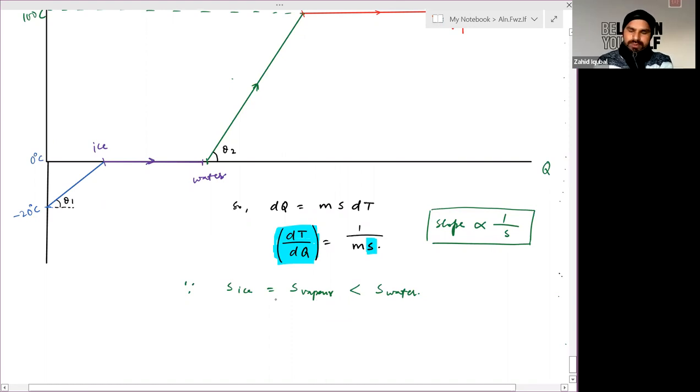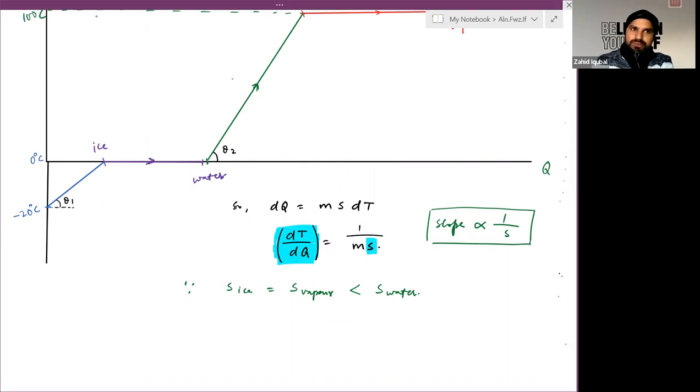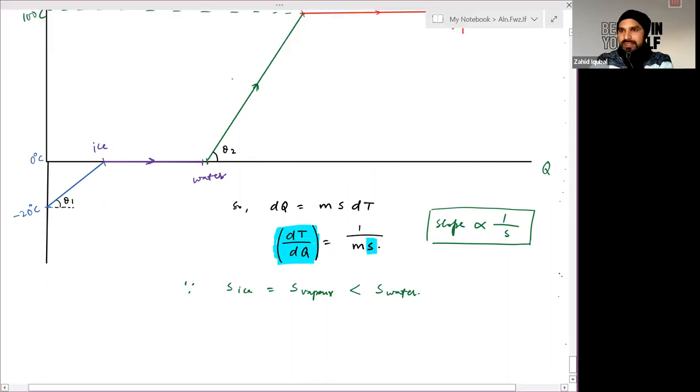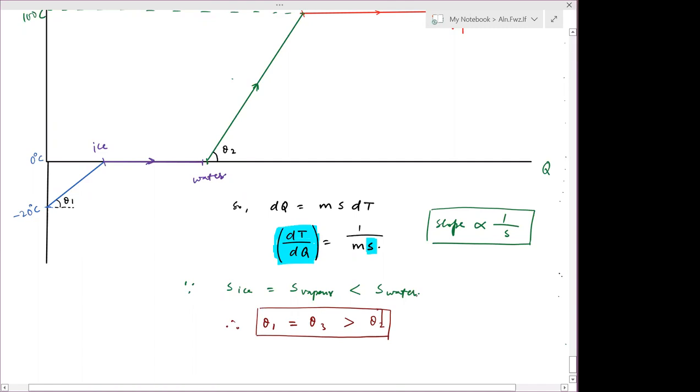So these two should be equal to each other and smaller than water. Slope is inversely proportional to specific heat, so the lesser the specific heat, the more the slope. It means theta 1 should be equal to theta 3 and greater than theta 2. Ifra, is it clear? Yes, sir.